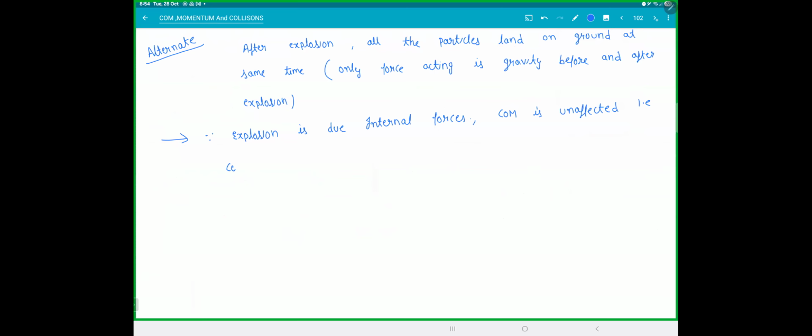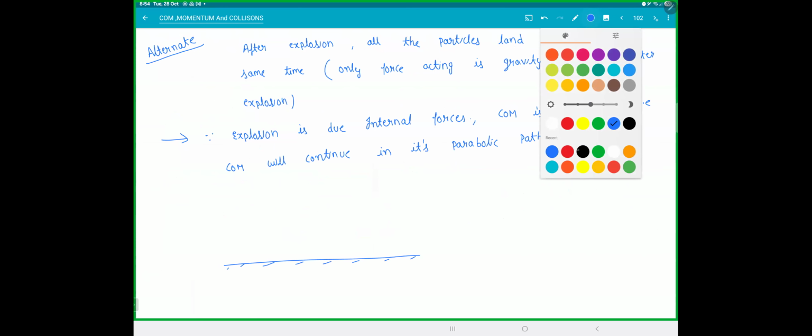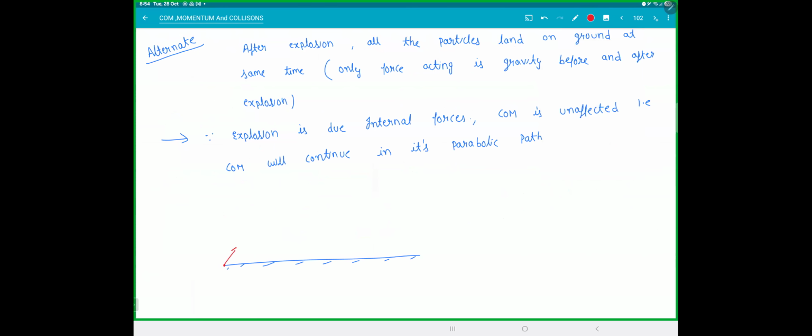That is, COM will continue in its parabolic path. Means when the particles land on the ground, so this is what you can do. So you threw the particle with u and theta. So this was flying, this was the path. At this point, it exploded.